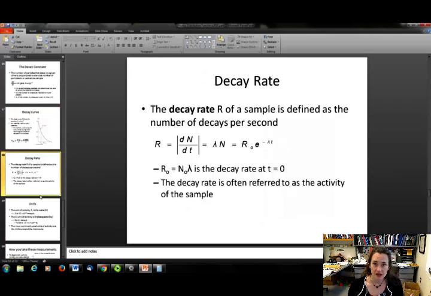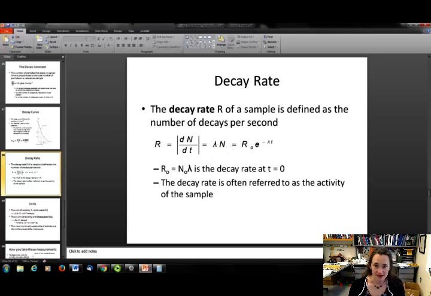So instead of N, we use the decay rate or activity of the sample, which is usually symbolized with a capital R. That is the number of decays per second, which is equal to the absolute value of dN/dt. The number of atoms that decay per second gives you the number of counts per second, and that equals lambda N.